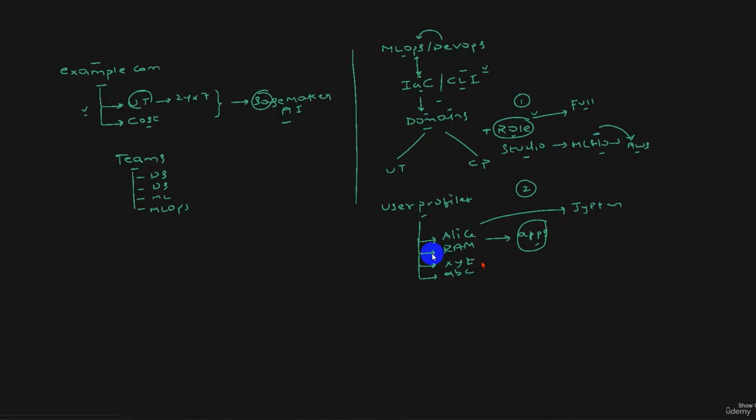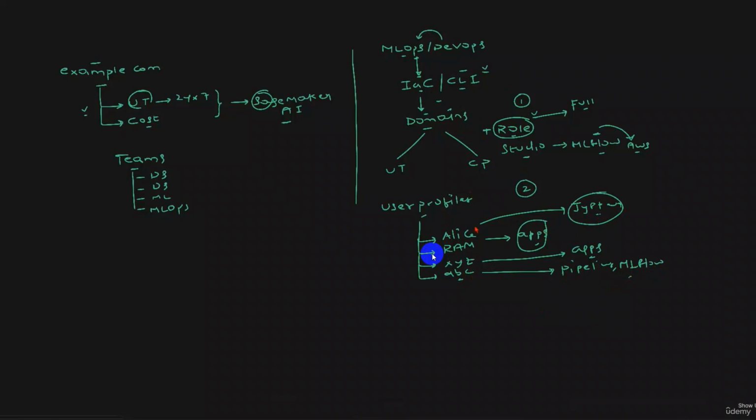And while creating the ML engineer profile, the MLOps engineer only allows access to required applications within the domain studio. Similarly, while creating the user profile for the MLOps engineer, they would only allow access to applications like pipelines, MLflow, or they would deny access to Jupyter Notebooks, because MLOps engineers might not get access to the Jupyter Notebooks that data scientists are working on. This is just an example.